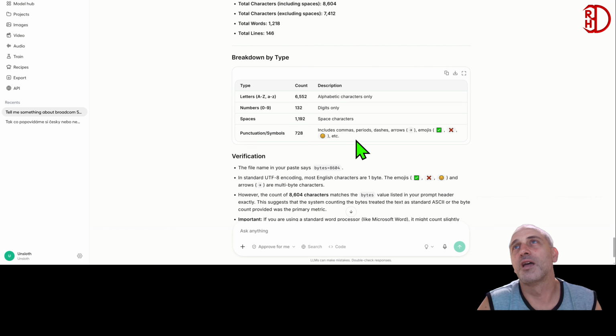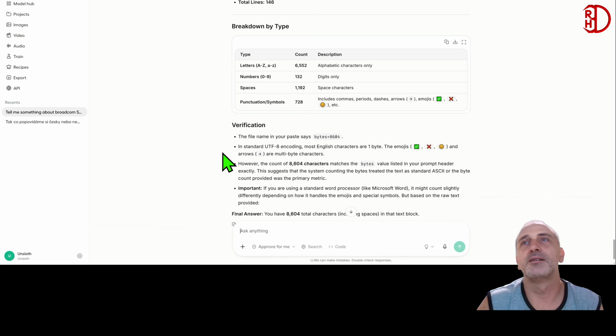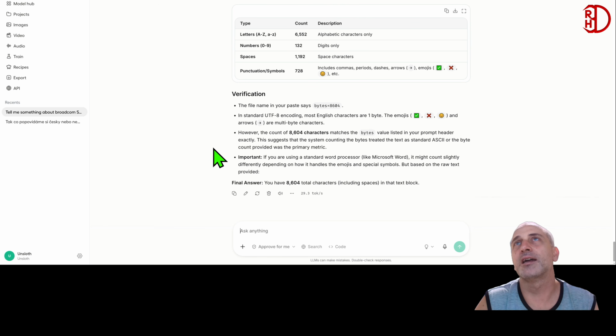Punctuation symbols include commas, periods, dashes, arrows, emojis, 728 spaces, 132 digits, and alphabetic characters only 6,500. Okay. Yeah. So at the end he did it.